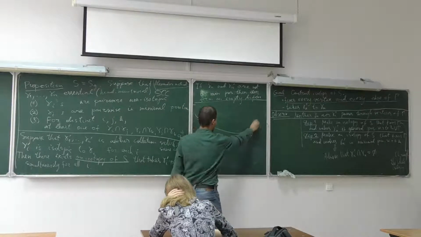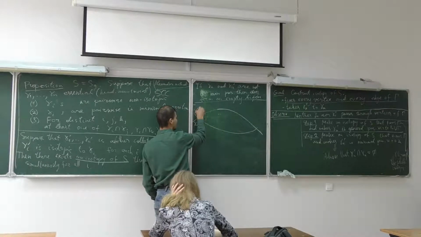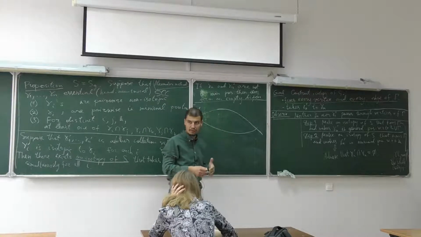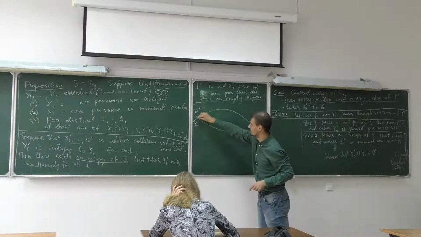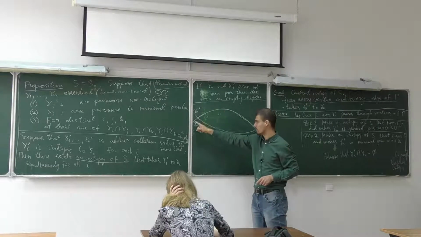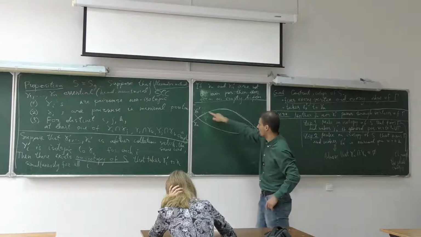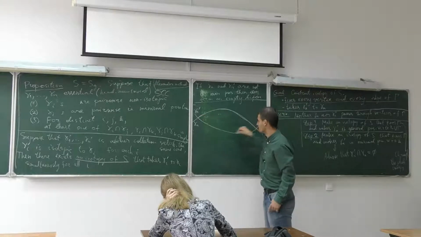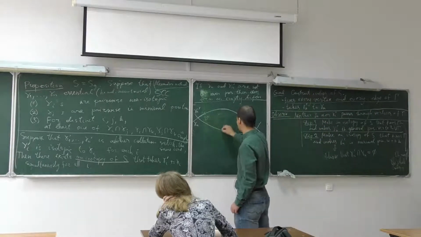So we have a picture like that. This one is gamma n, this one is gamma n prime, and a region between them is these two arcs. Since it is an empty bigon, this arc doesn't intersect gamma n, that arc doesn't intersect gamma n prime, and vice versa. So we have no other intersection points of gamma n and gamma n prime on this bigon, and this region is homeomorphic to a disk.